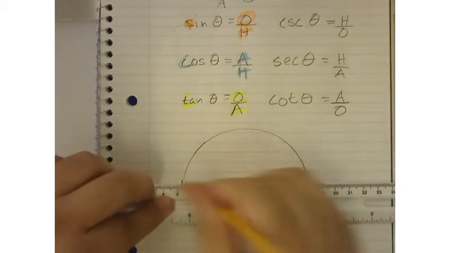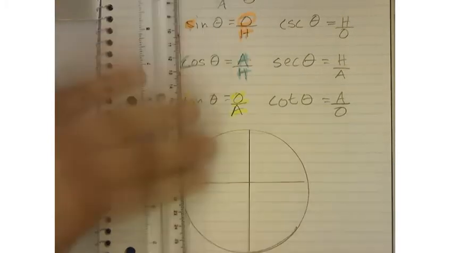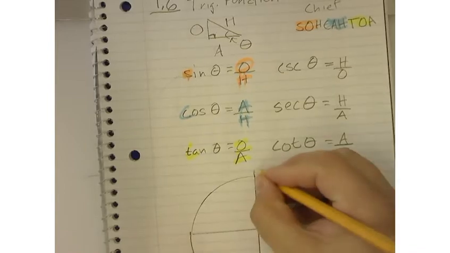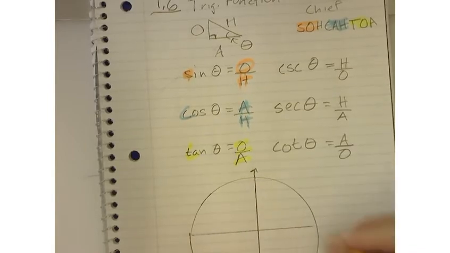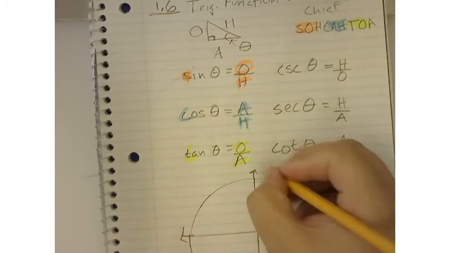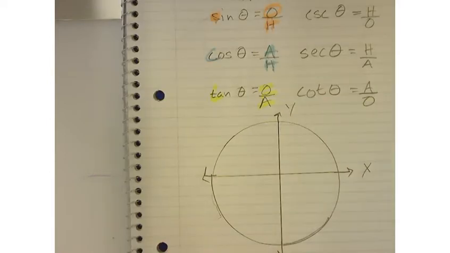So we've got to review the unit circle just a little bit. Let's pretend that that's a perfect circle where the center is on the origin. This is my x-axis and this is my y-axis. What I want to do is develop some sort of relationship between the x and y value and the radius of the circle.